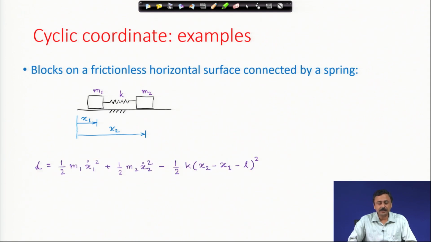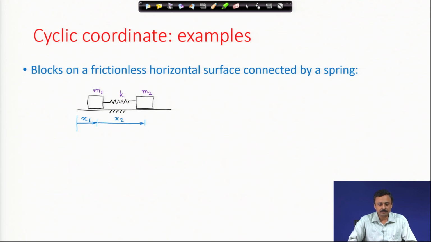If I do that and write the Lagrangian, it involves x1, x1 dot, x2, x2 dot, everything is involved. So, therefore, we think that there is no cyclic coordinate in this. Therefore, immediately we cannot see whether something is conserved or not. We do not see a cyclic coordinate here.